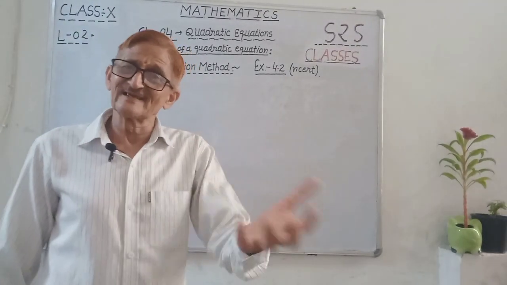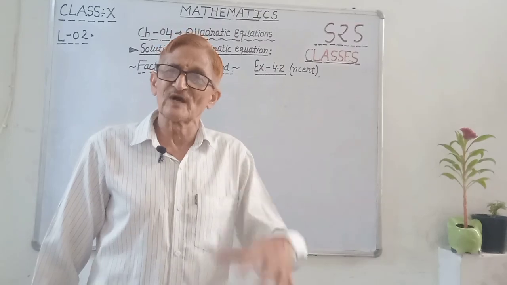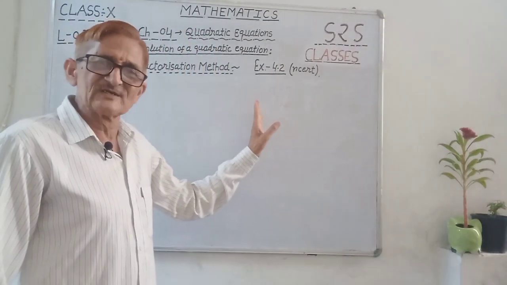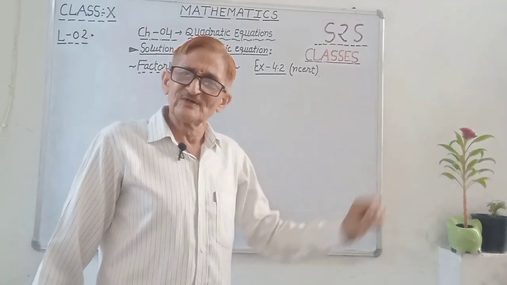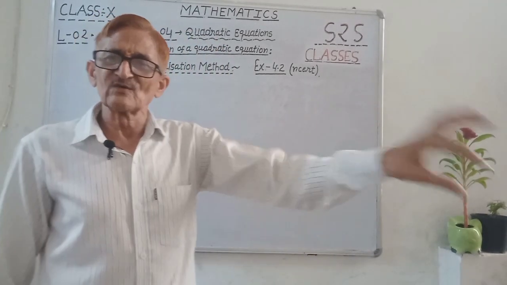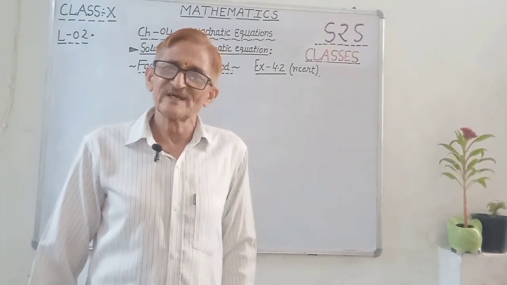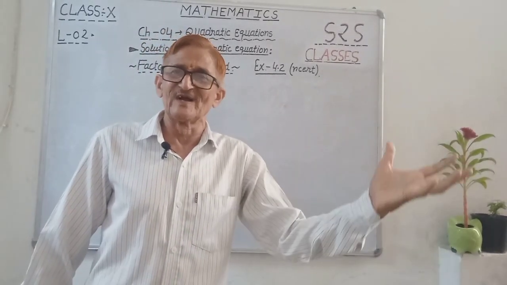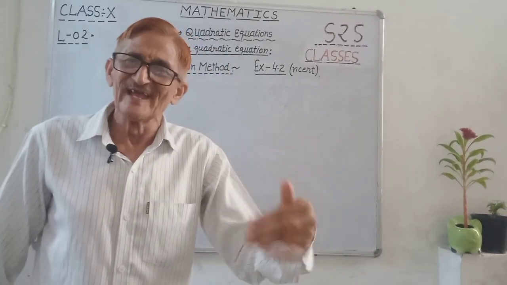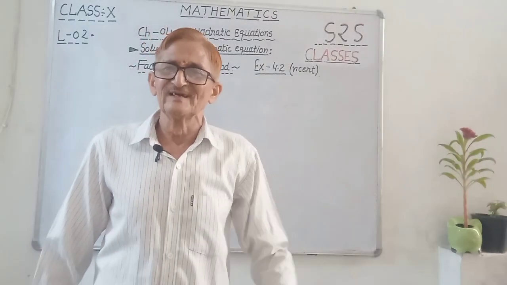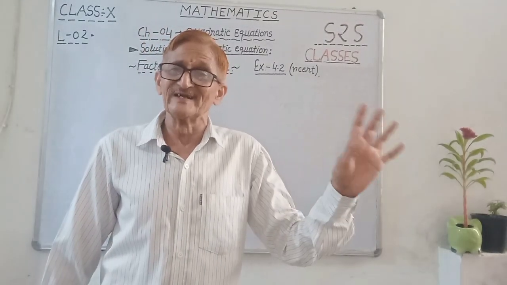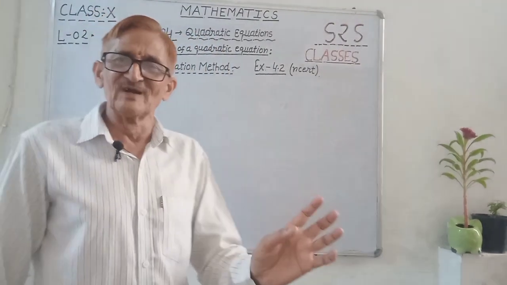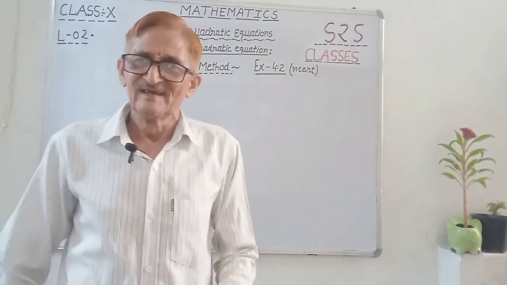You have done in the 9th classes also factors of the quadratic polynomial, and quadratic polynomial are told if that is equal to 0, then that polynomial is the quadratic equation. When in the quadratic polynomial we are finding the zeros of the quadratic polynomial, then saying that equal to 0 and solving, that is called the zeros of the quadratic polynomial, and then we can say put equal to 0, that is called the quadratic equation.